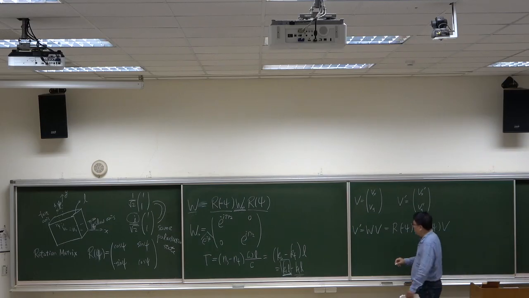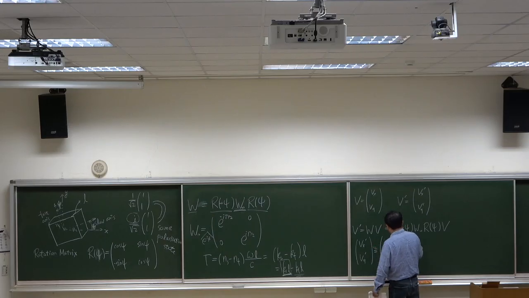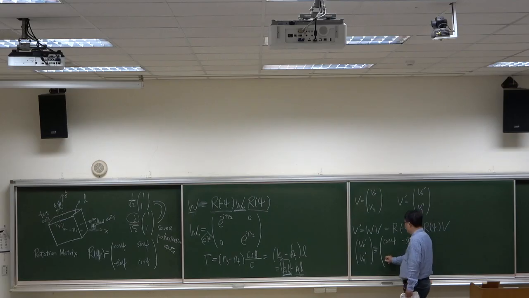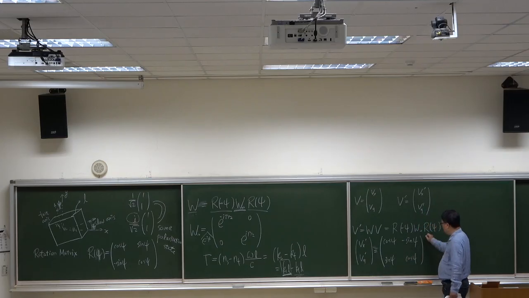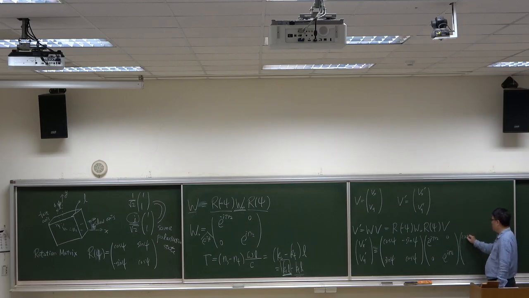Or more explicitly, you can write this as Vx prime, Vy prime is equal to the matrix cosine psi, minus sine psi, sine psi, cosine psi, times the matrix exponential minus half i gamma, 0, 0, exponential half i gamma, times the matrix cosine psi, sine psi, minus sine psi, cosine psi.